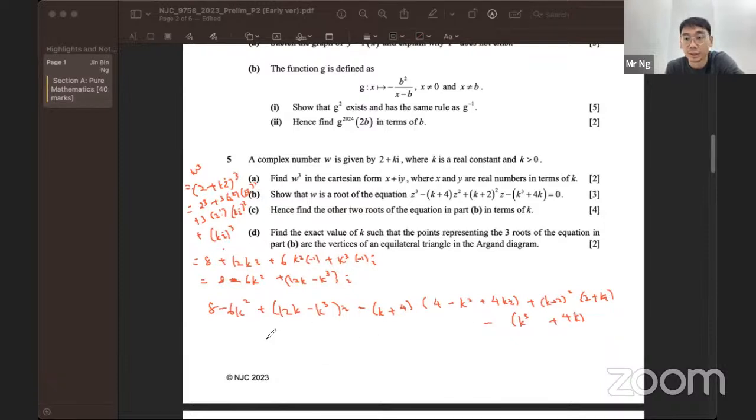Okay, then after that, I'm gonna group all the real together, all the imaginary together. So 8 minus 6K squared. So I'm gonna open this and find the real. Okay, so minus 4K plus K cube plus, sorry, minus 16.